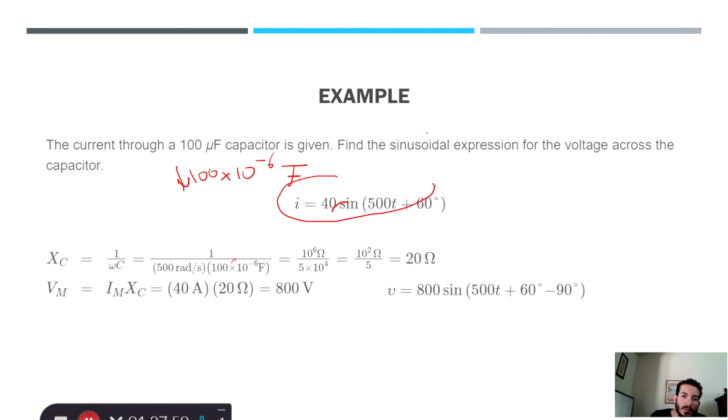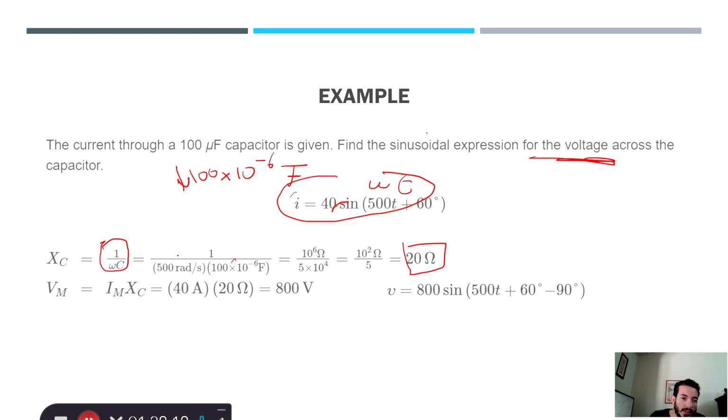They give us the current, and what we need to find is the expression for the voltage across it. So we find the reactance of the capacitance, which is 1 divided by omega C, and omega is this number right here, because if you remember, omega t is the argument for my sine function. Capacitance is 100 times 10 to the negative 6. If you compute this number, it gives you 20 ohms.